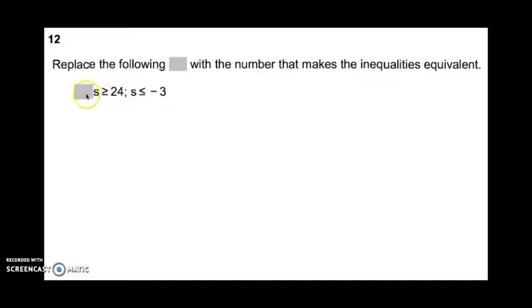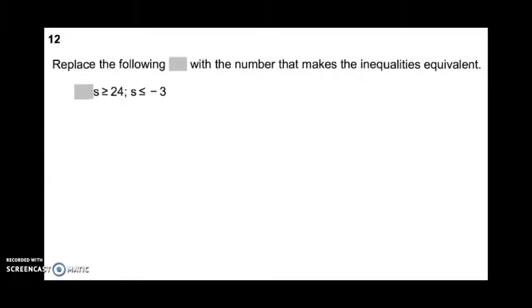Since they're next to each other now, it means they're being multiplied, so to undo that, you divide. So this number divided by this number gives you negative 3. So all we got to do is literally divide 24 by negative 3, which gives you negative 8. So the answer is going to be negative 8.